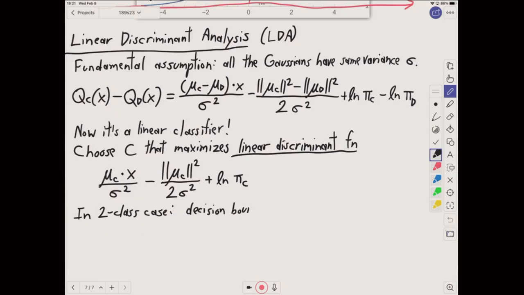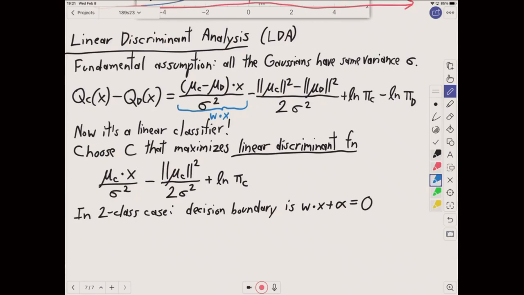We're used to, at this point, when we have a linear decision boundary, expressing it in the form w dot x plus alpha equals 0. Are we doing that here? Why, yes, we are, because we can look at this here and call that w dot x.